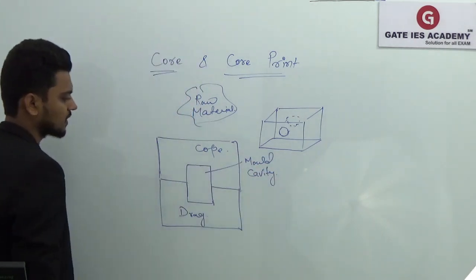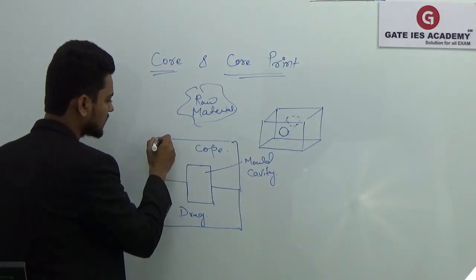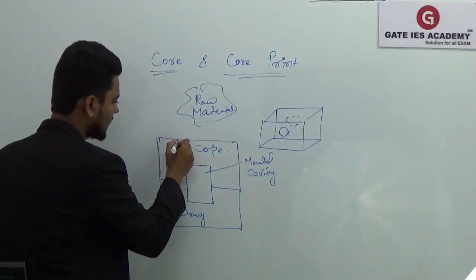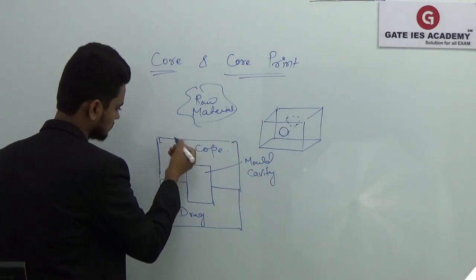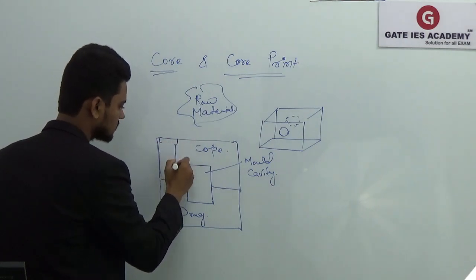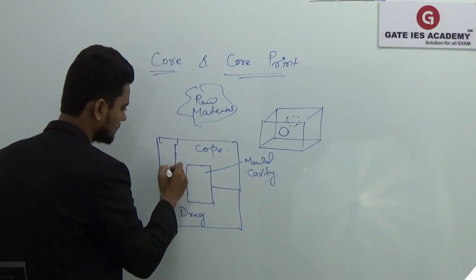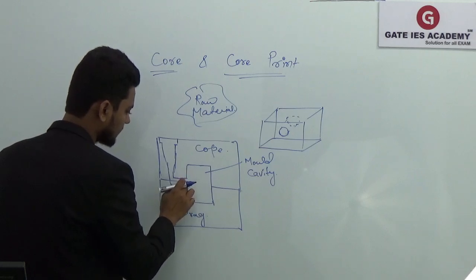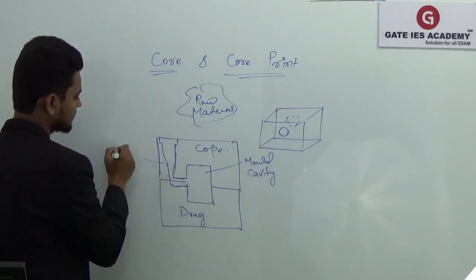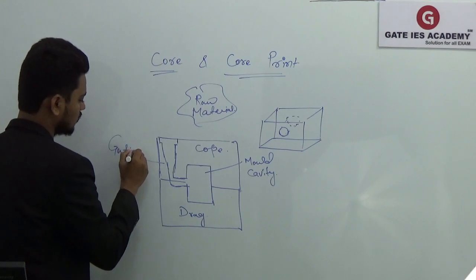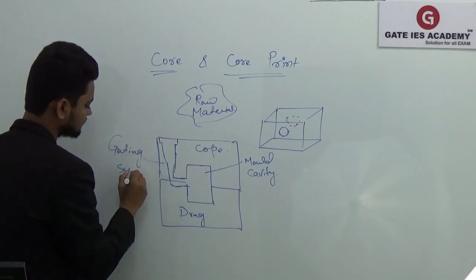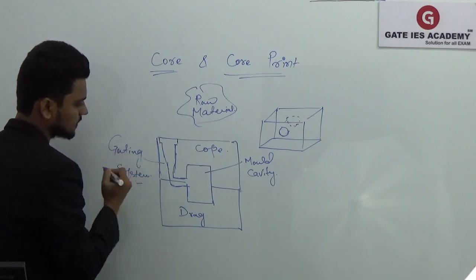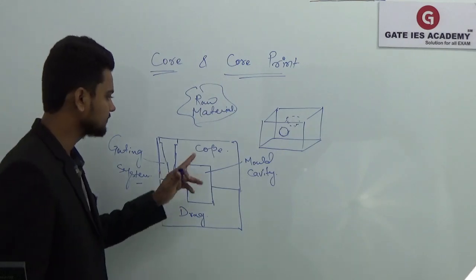Obviously, to pour the molten metal, we require some passage, known as the gating system. We'll discuss later how to design that gating system.